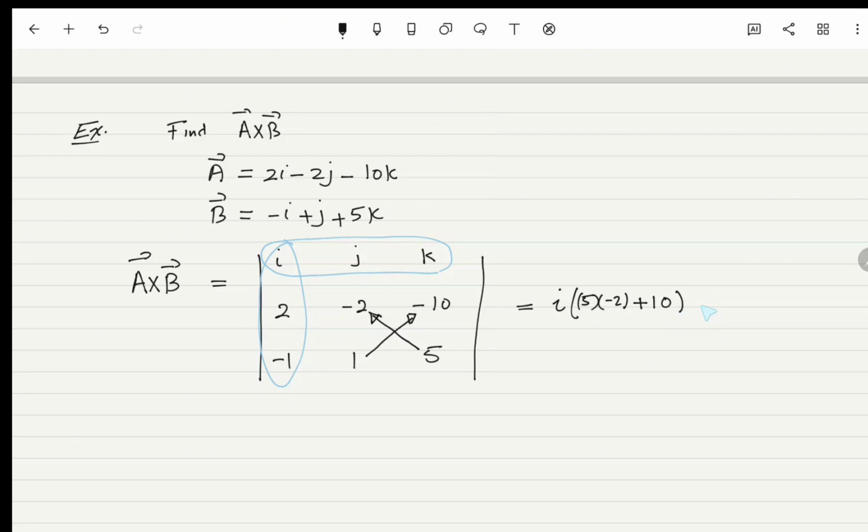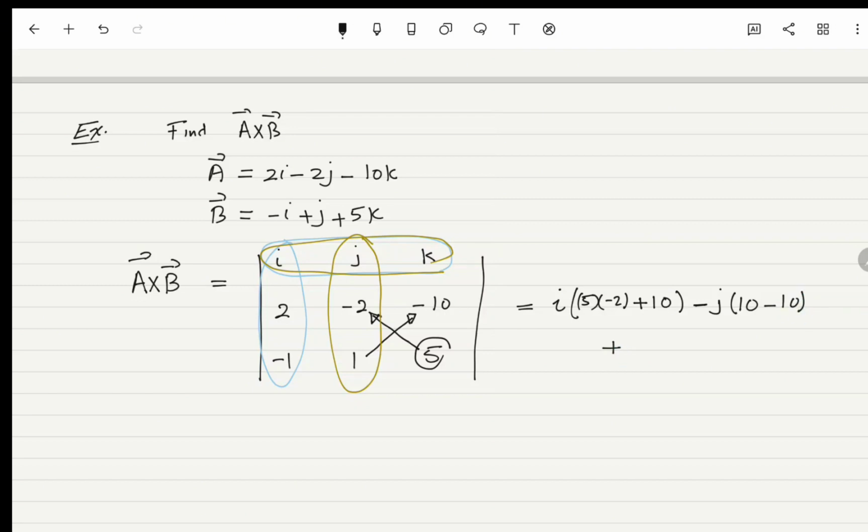Now the second component should be negative. We will see later on why it's negative. You cover this one with this one. Now, as we can see, it's j times, you multiply this with this, 5 times 2, it's 10, minus this times this, minus 1 times minus 10, it's 10, so minus 10.